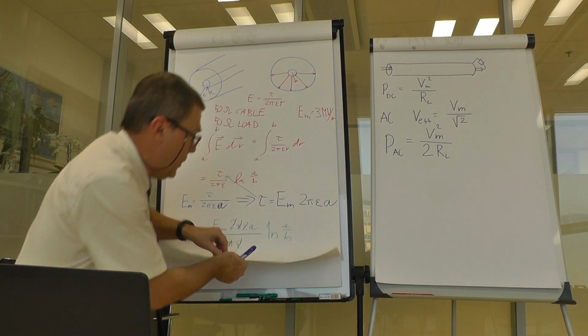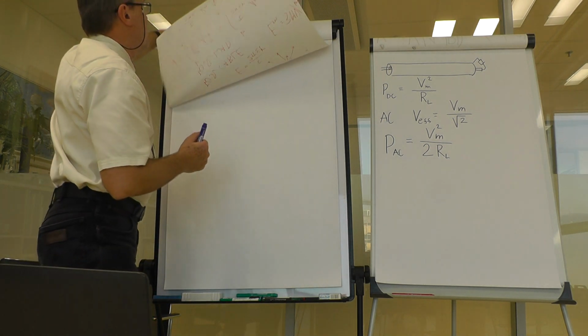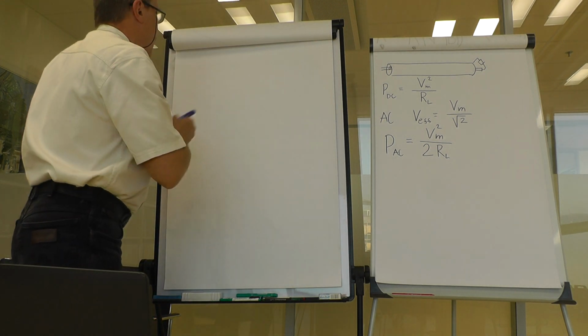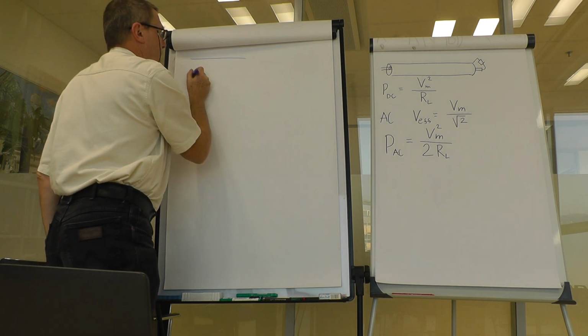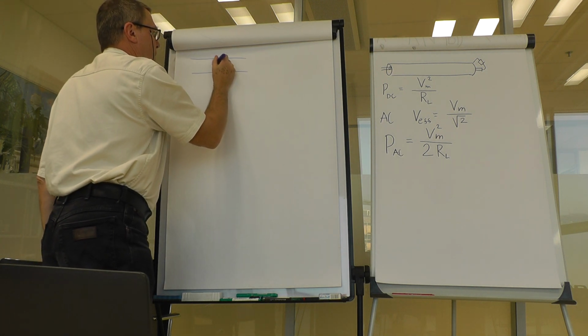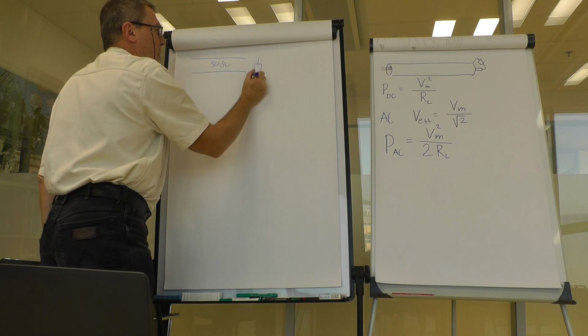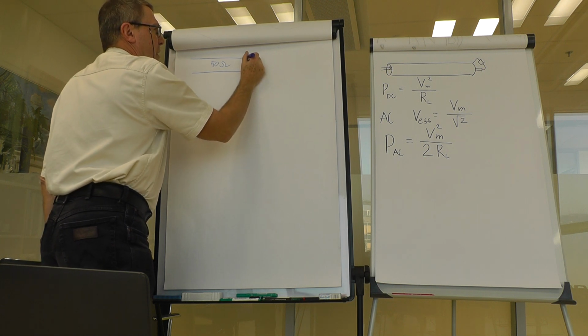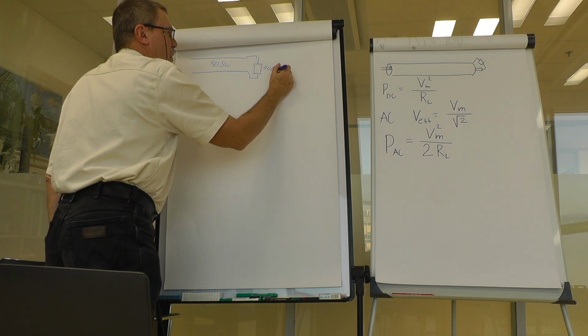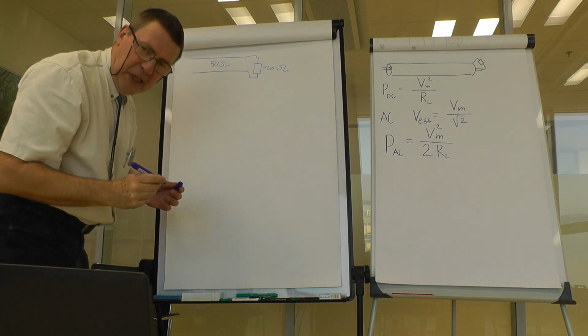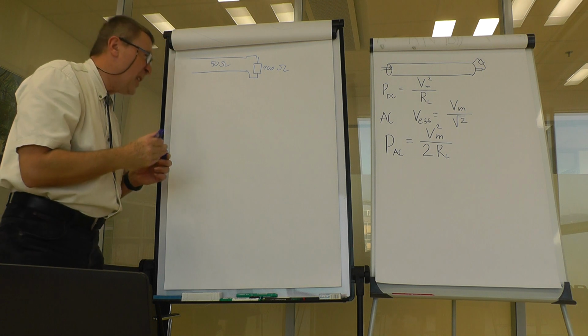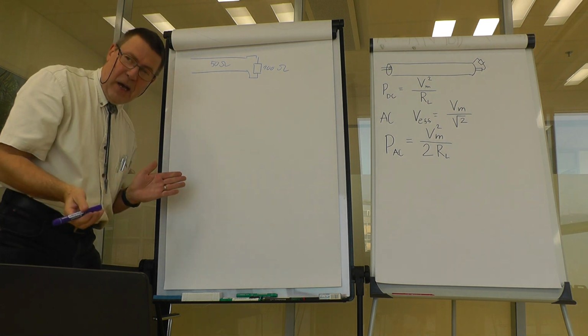I will have to switch a little bit to paper. So we now have the line which is 50 ohm, and we would deliver to a load which would be 100 ohm. So this is not a good impedance match, and we will have standing waves there.